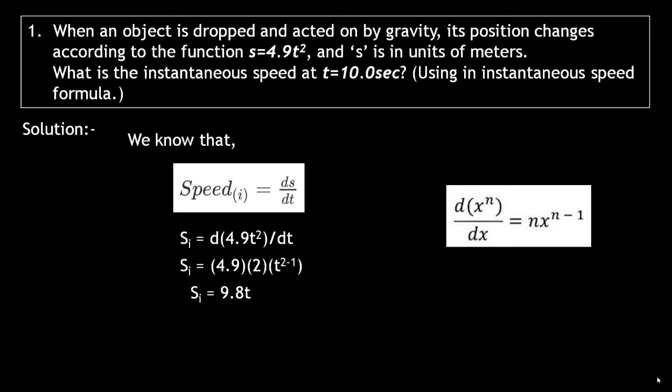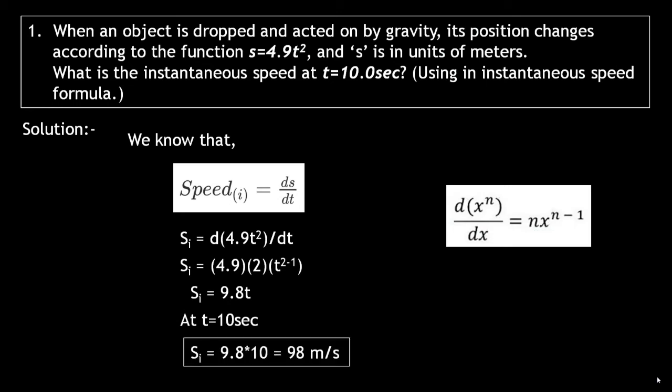Here they are asking the instantaneous speed at 10 seconds. So at t equal to 10 seconds, just substitute t equal to 10 in SI. That is SI is equal to 9.8 into 10, that is equal to 98 meters per second. So this is the instantaneous speed at t equal to 10 seconds.